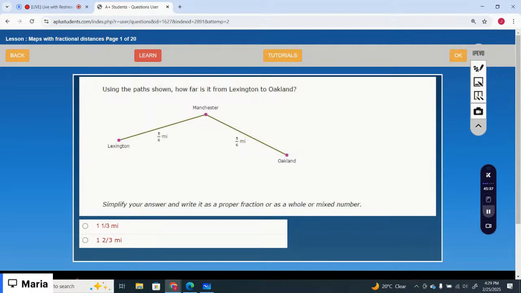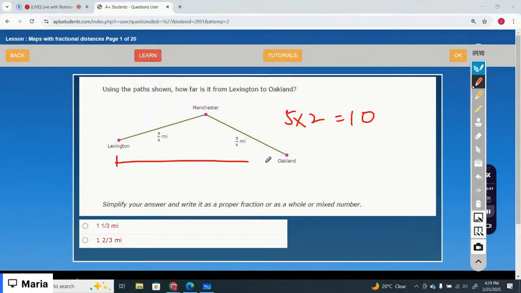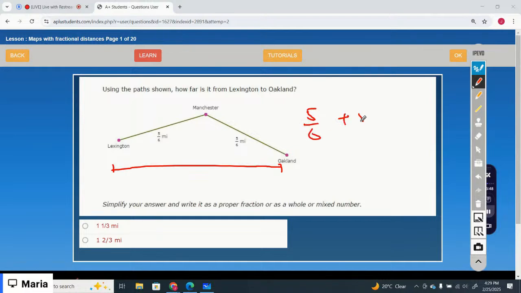So you have to calculate the total distance from Lexington to Auckland. You have to calculate the distance from here to here. So that means you need to add all the distances, right? 5 by 6 plus 5 by 6.